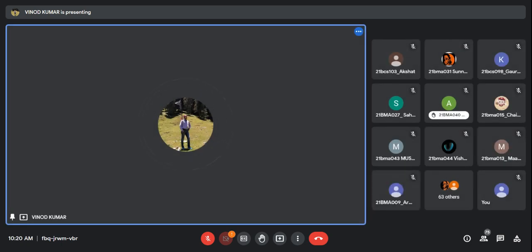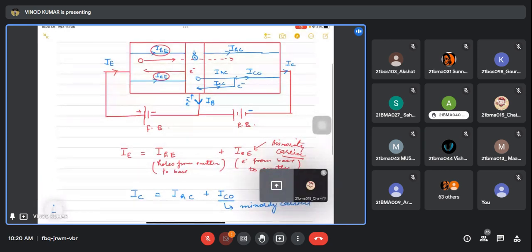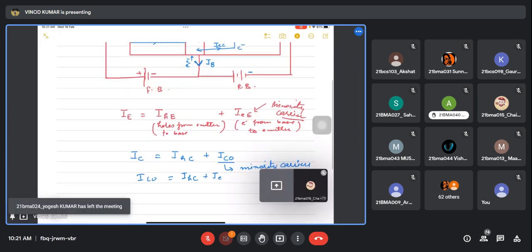This ICO current is because of holes and because of electrons.